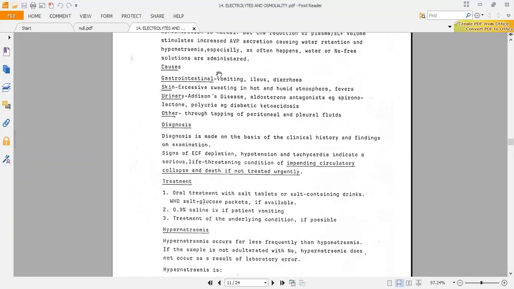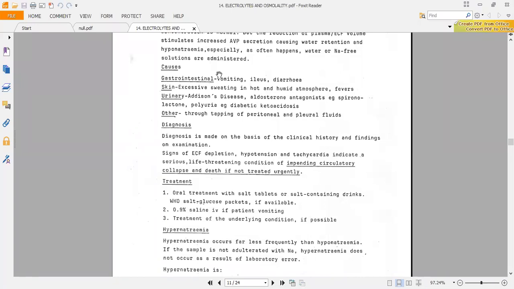The non-edematous ones are the causes of syndrome of inappropriate ADH release. Then we talked about the actual losses of sodium, which include GIT losses, skin losses by sweating, and renal losses. Under the renal losses, we saw causes like Addison's disease, and certain drugs or medications.